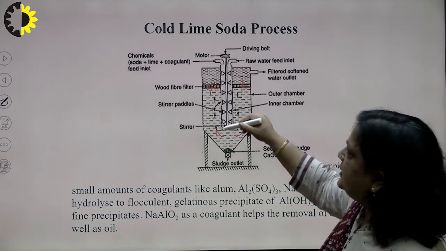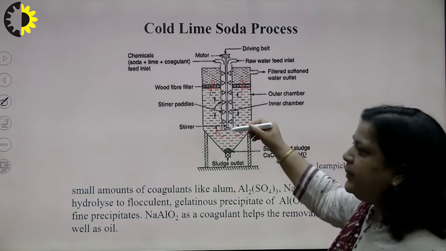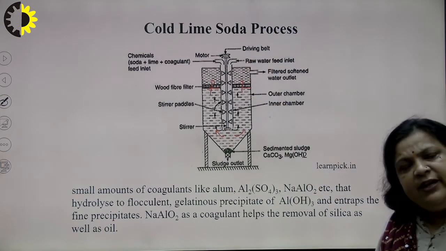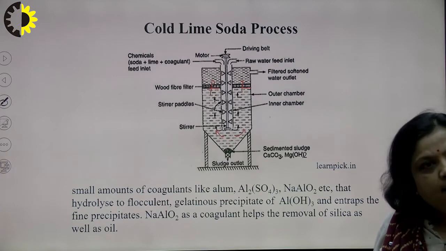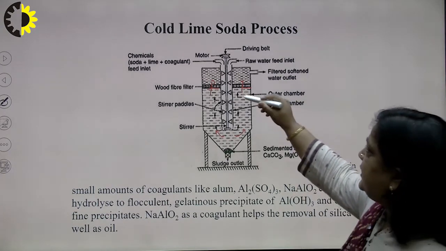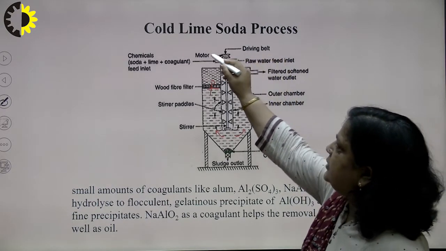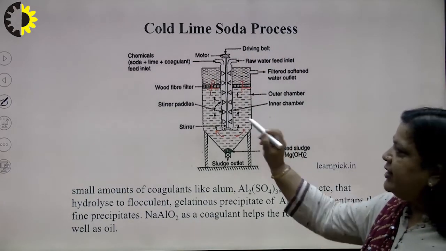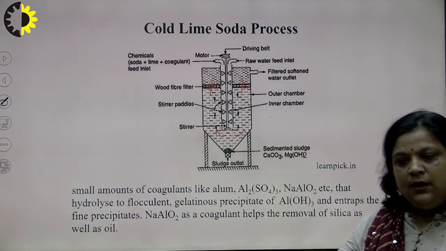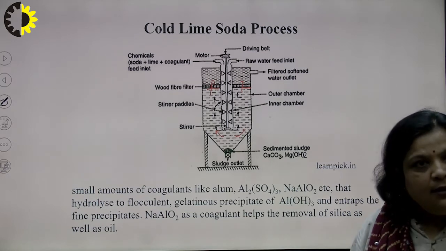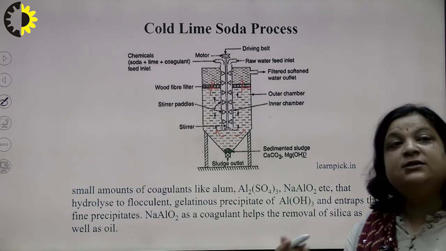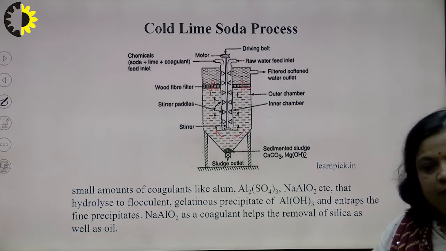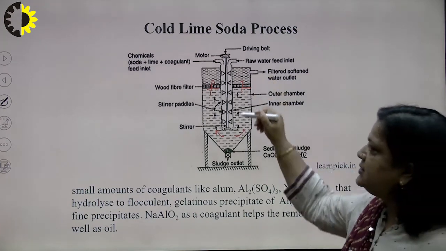At the center there is an electrically driven belt, or we can say a stirrer. Since this is electrically driven, there is a motor and a driving belt. The function of this belt is basically mixing at a constant rate. So, for constant mixing this belt is used.